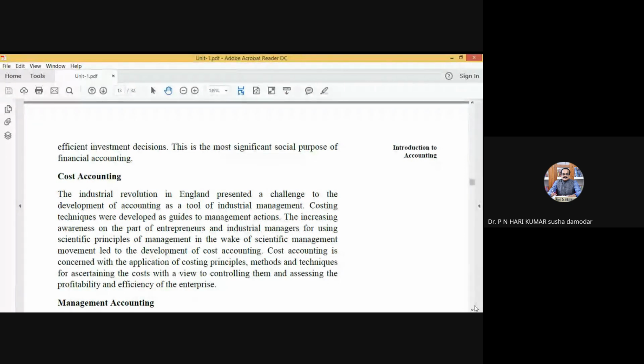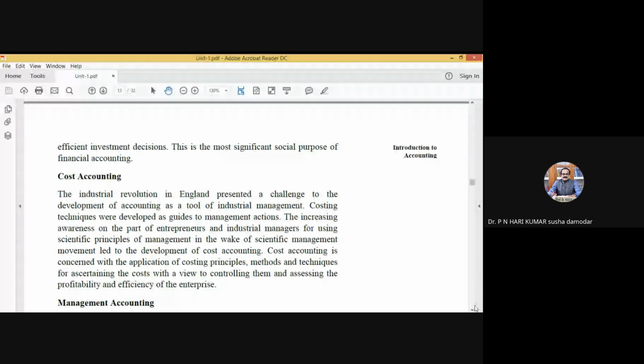But such a cost of manufacture of a particular product will not be given by financial accounting, because financial accounting deals with the money transactions. Financial accounting deals with the economic events. In financial accounting, what is the cash inflow? What is the cash outflow? What is the net result of all the cash transactions? Maybe profit or loss, surplus or deficit. That shall be clearly presented by the financial accounting.